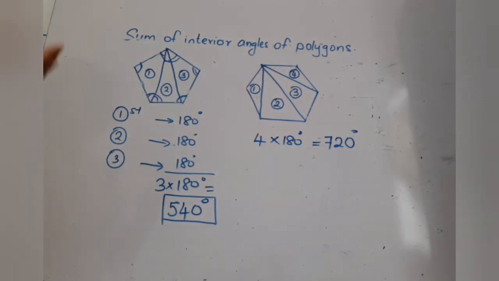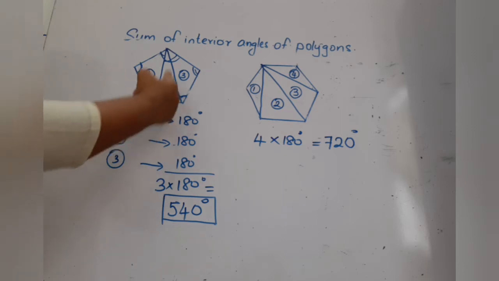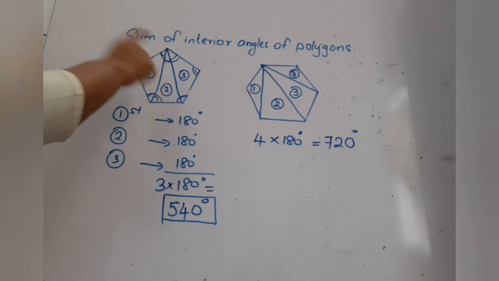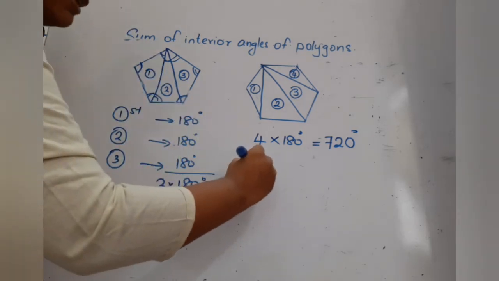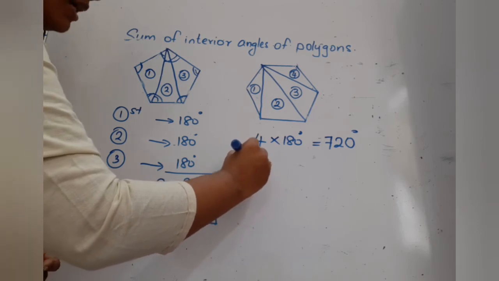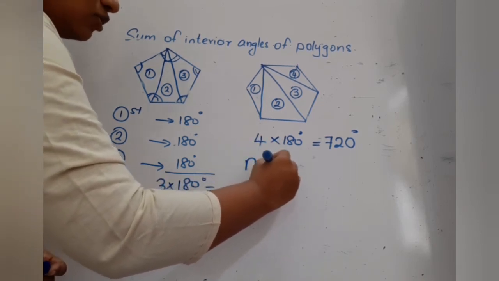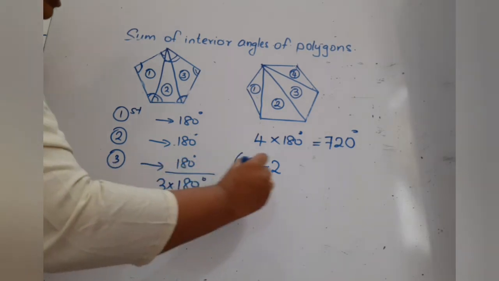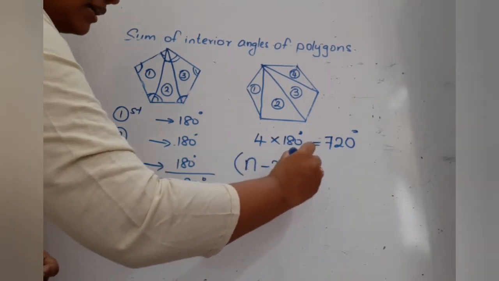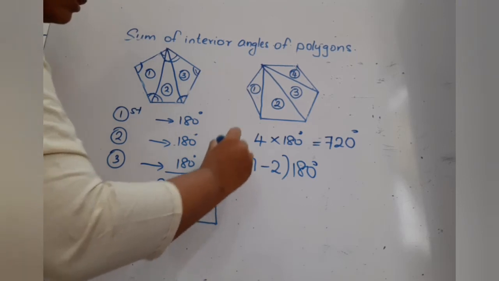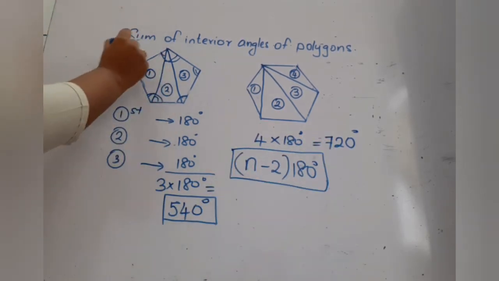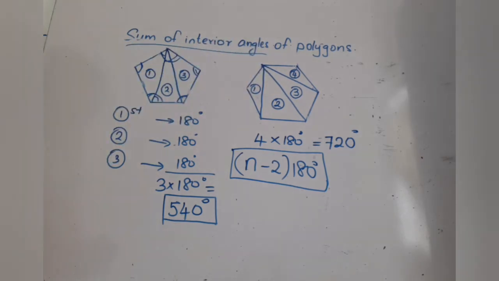So it is 2 less than the number of sides. The number of triangles which can be made is 2 less than the number of sides of the polygon. So the formula is going to be (n minus 2) times 180 degrees, where n denotes the number of sides of a polygon. This is the formula to get the sum of interior angles of a polygon.